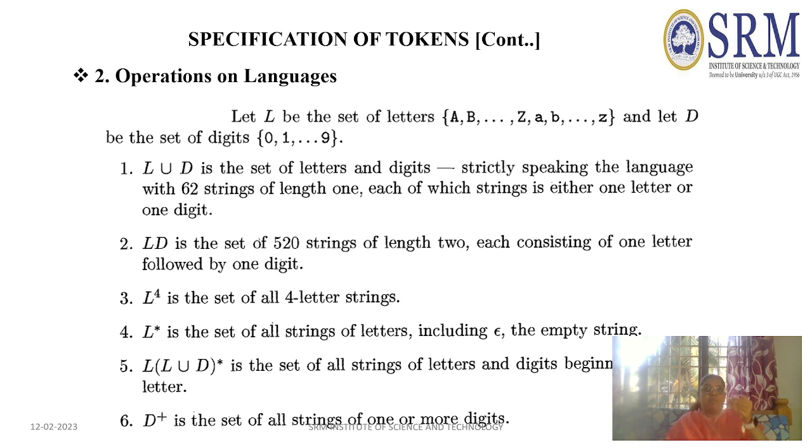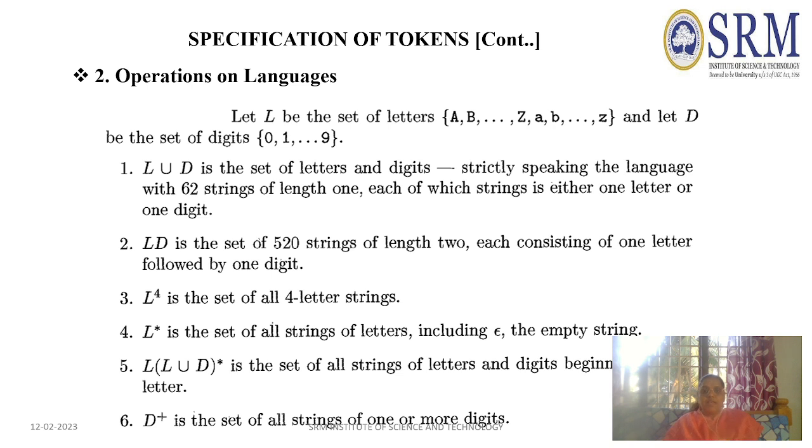Similarly for B1, B2, up to B9, it is going to be another 10. So similarly, for 26 letters, you'll get 260 strings of length 2, right? After a letter, it is going to have a digit. From A0 to A9, 10 strings, B0 to B9, 20 strings. Similarly, till Z0 to Z9, you are going to get 260 strings for uppercase.